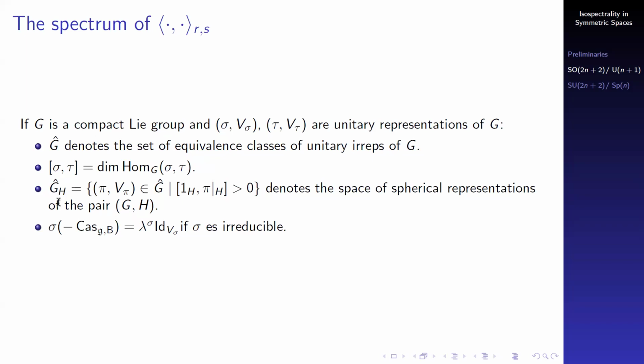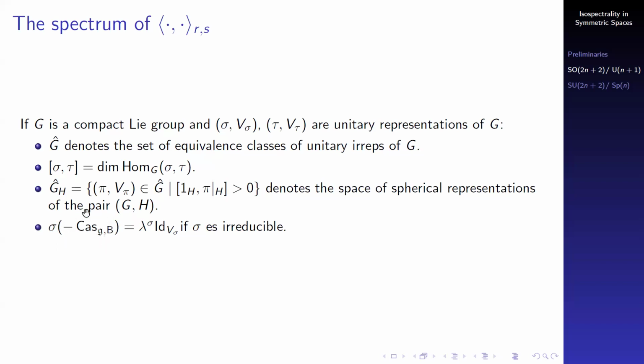We have also the set of spherical representations of the pair (G,H), which means those representations that have fixed points for H, where the set of fixed points for H is not zero. And we have the Casimir element in the universal enveloping algebra.